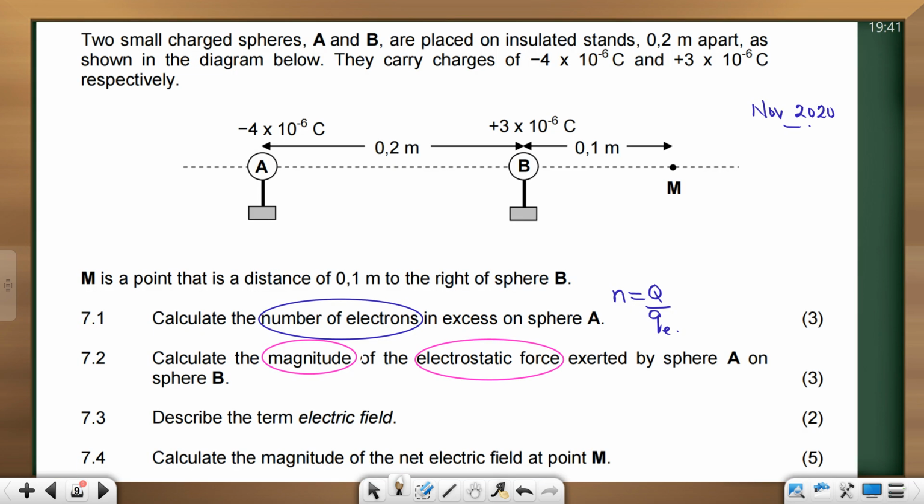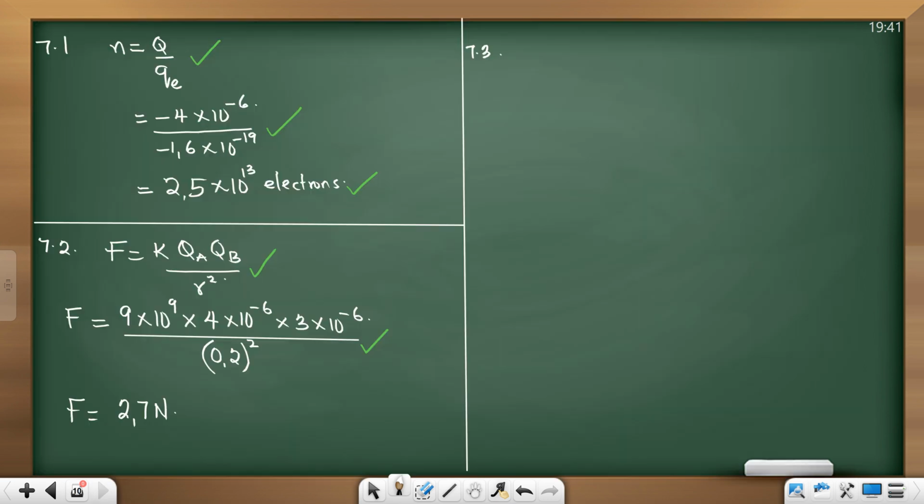Describe the term electric field. Now, this is not at a point. What is this? A space or region around a charged object where the electric field is experienced.